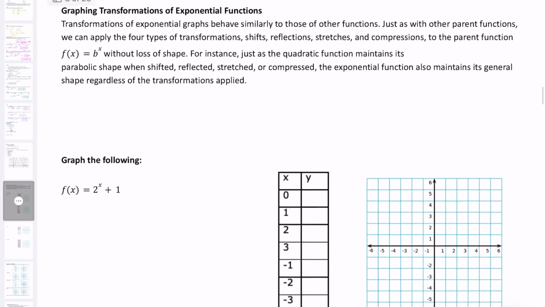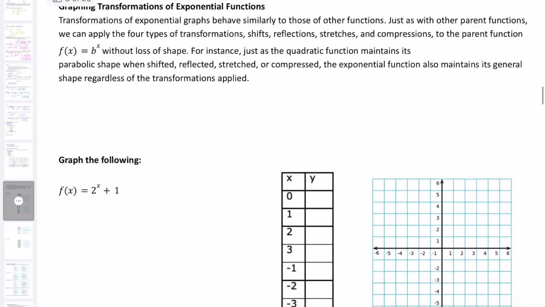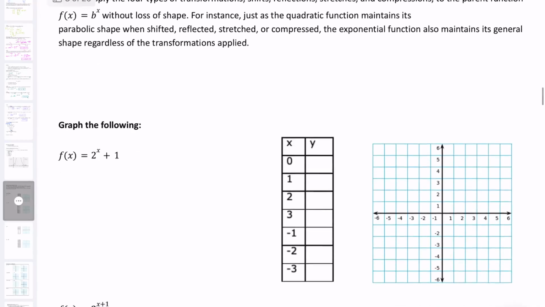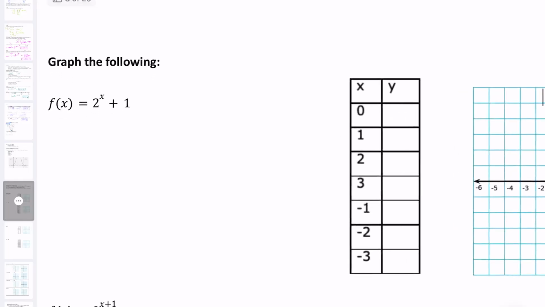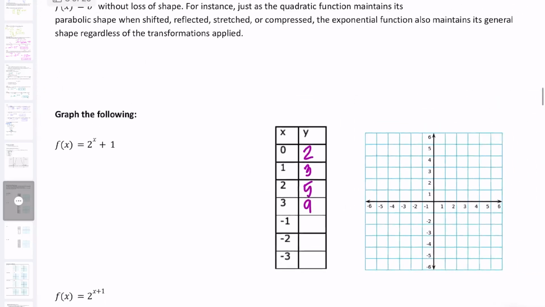Let's go ahead and start looking at what these graphs are going to look like. Okay, so if I'm interested in graphing 2 to the x plus 1, I can go ahead and plot those points. Let's see, at 0 it will be 2, and then 3, 5, 9, okay? And then if we plug in negative numbers, they're going to get much, much smaller, so I'm going to skip those for now.